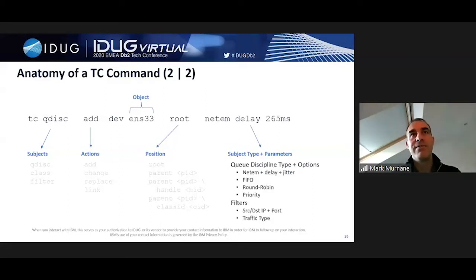And finally, for the QDisk subject and the parameters, we can specify lots of different things. So in this example, as I mentioned, we have a NetEM with delay. We could specify a type of queue, whether it's a FIFO queue or a round robin or a priority queue. If we're creating a filter, we might specify rules here around matching traffic, such as the source or destination IP address or the traffic type.